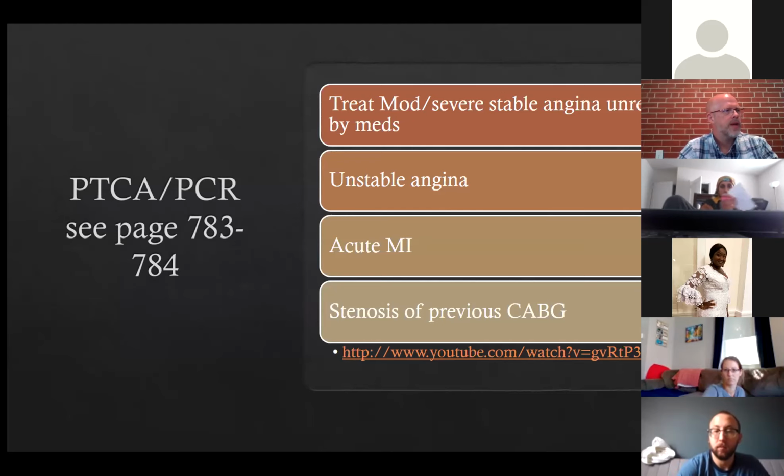All right, I got some pages for you guys to read here about percutaneous interventions. So there are a variety of amazing interventions that we are able to do in the cath lab. They can do balloon angioplasty, which helps to open up the artery and reperfuse the heart. They can place stents in there.